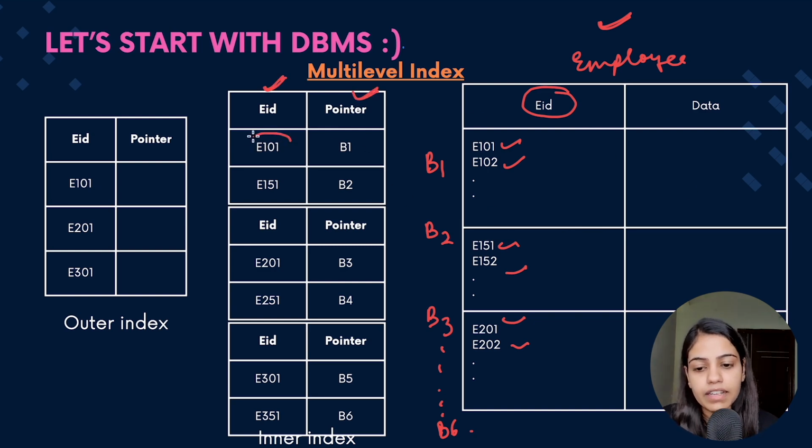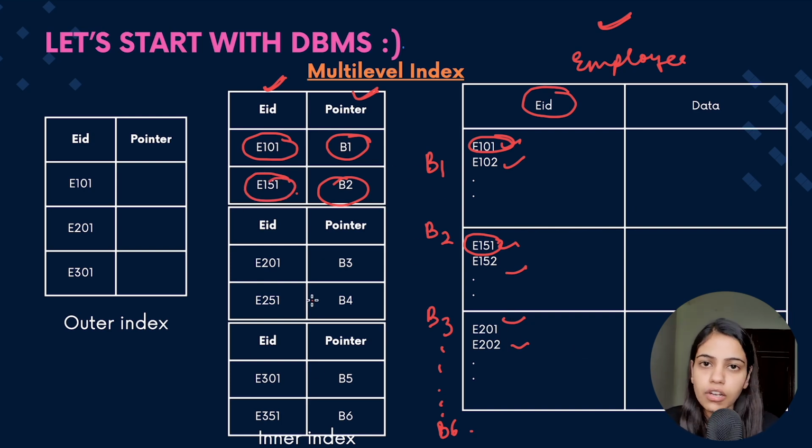So we'll provide the EID as E101, basically the first element of the block, and then the block pointer. Coming to this block, the first element is E151, so we'll provide B2 and E151. In the same way we'll provide for all the entries present in these blocks. Here you can see that our index table is getting bombarded with a lot of entries, and here I have only considered some of the data.